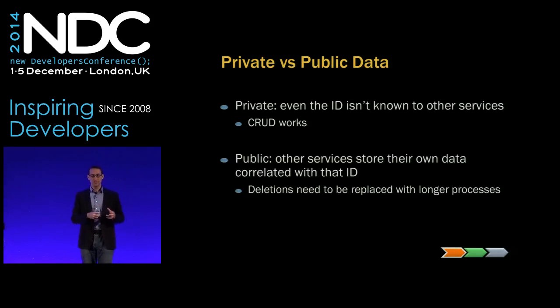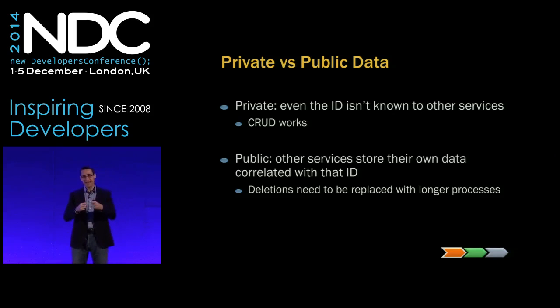However, once that data moves into the public domain, so for example, I might publish an event saying, new product offered for sale, and here's the product ID. At that point in time, other services can start building up their own data model around it. So for example, this is the price of that product ID, says service number 2. And this is the state of the inventory of that product ID, says service number 3.